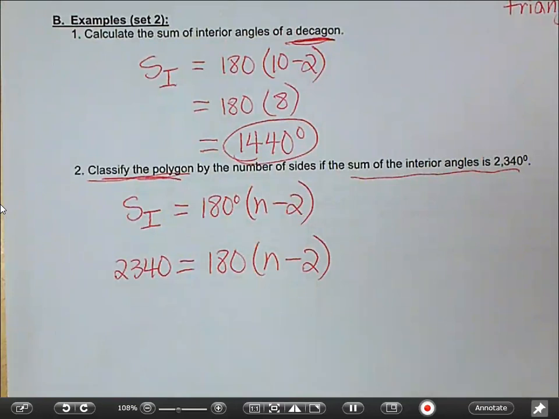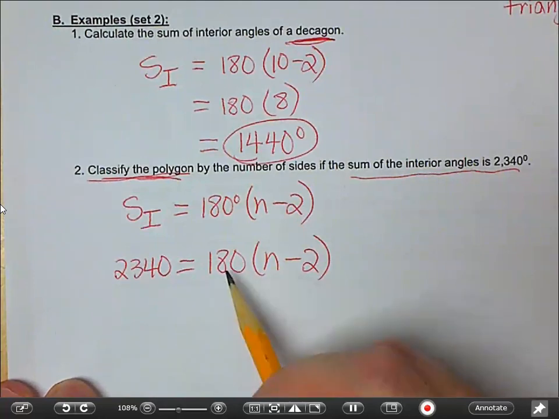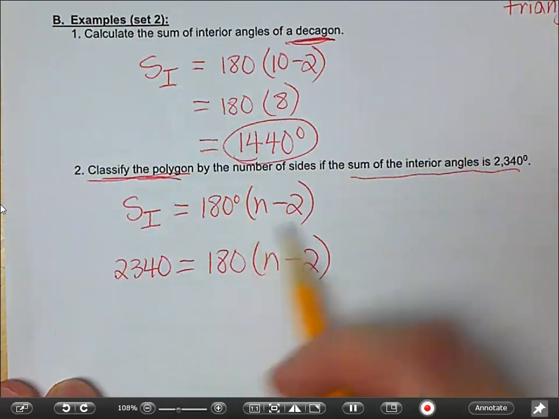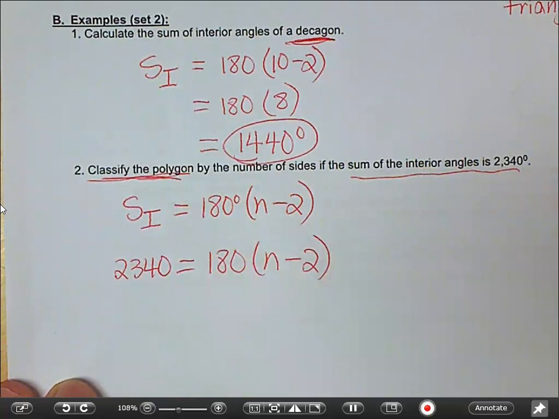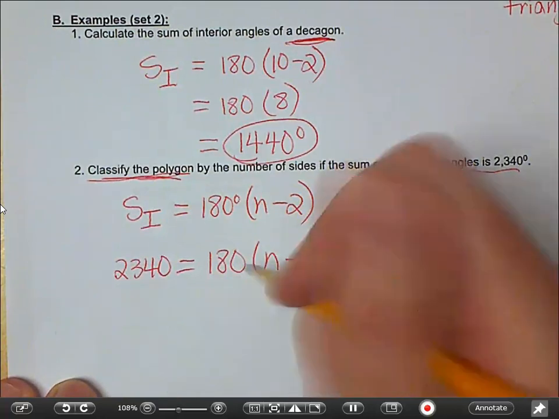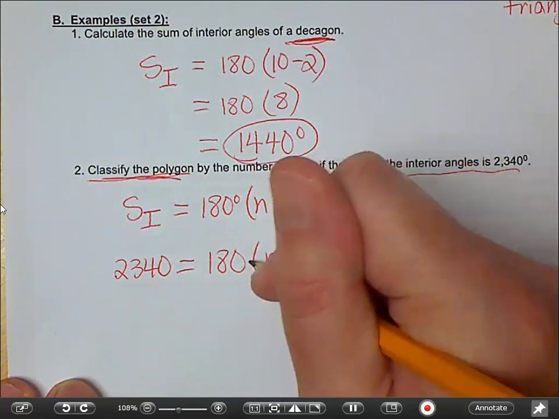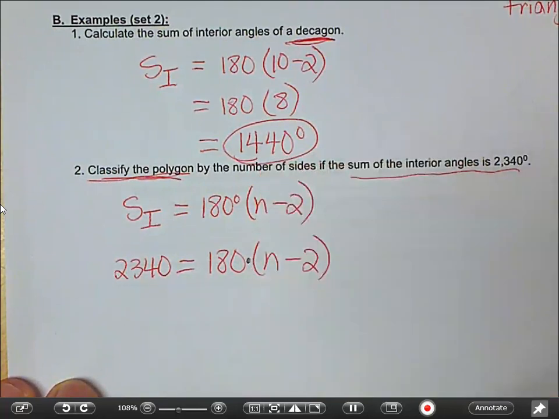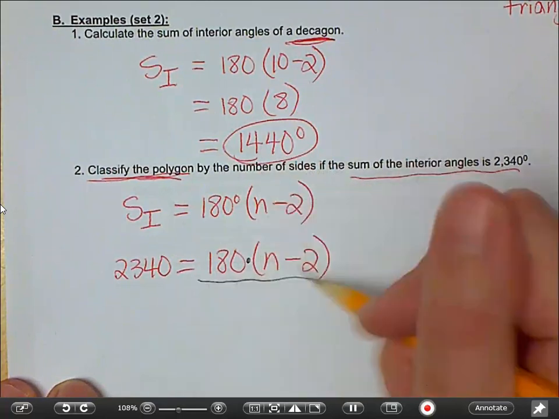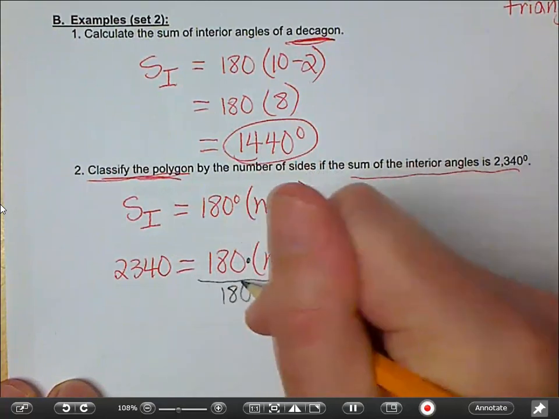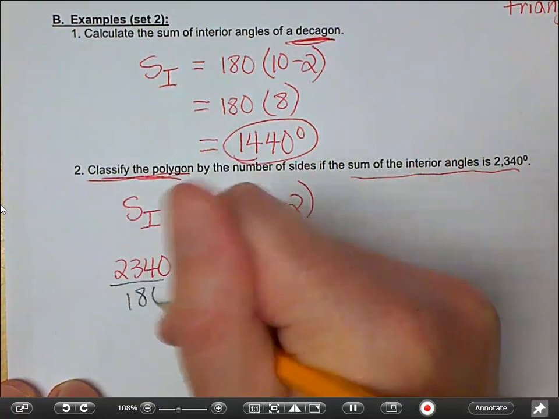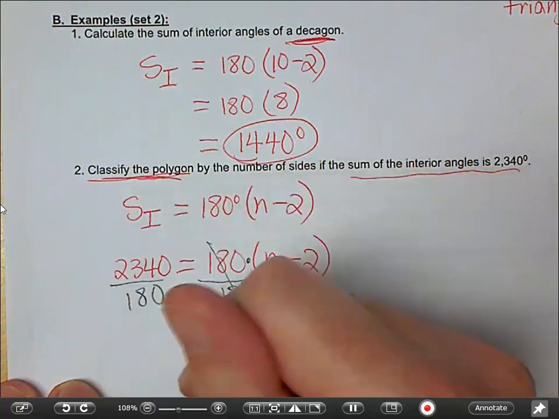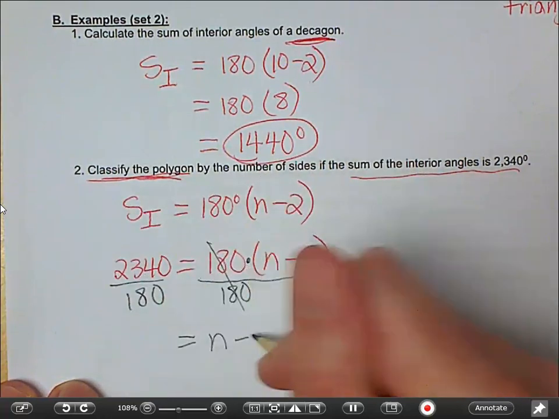And there's a few different ways of doing it. If you're working a little ahead of where I am right now, your first instinct might be to distribute 180 through the parentheses. That's totally fine if you want to do that. There's a slightly different way I might go about it here. In other words, you guys know that this means 180 times all that. So what you can do as well is you can divide both sides by 180, and that'll actually save you from having to distribute.